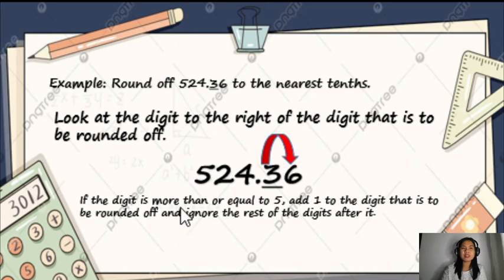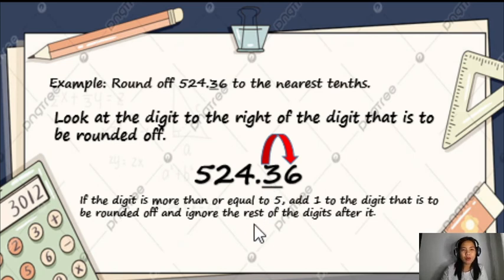If the digit is more than or equal to 5, add 1 to the digit that is to be rounded off and ignore the rest of the digits after it. So, kung yung katabi daw nung ating i-round off ay 5, 6, 7, 8, or 9, mag-a-add tayo ng 1. So, yung katabi niya is 6, so mag-a-add tayo ng 1. So, yung 3, magiging 4.